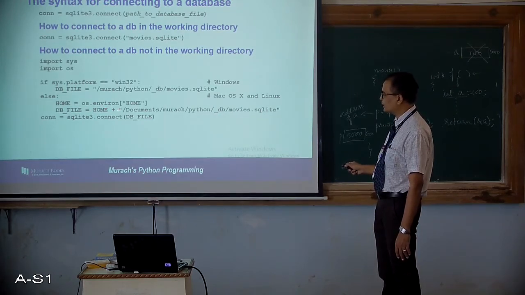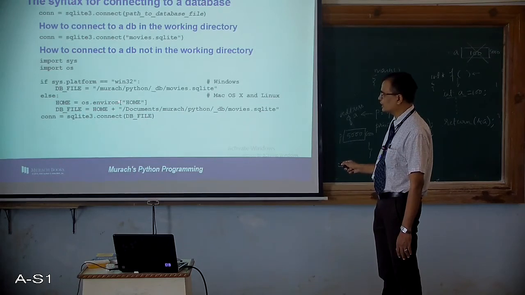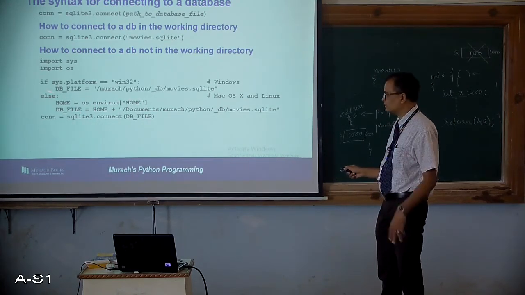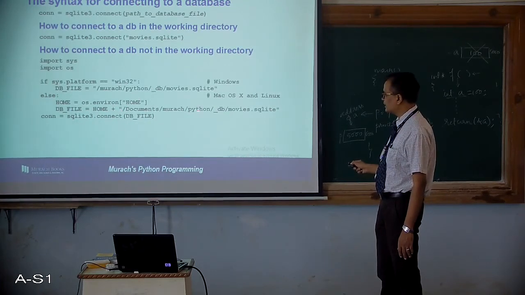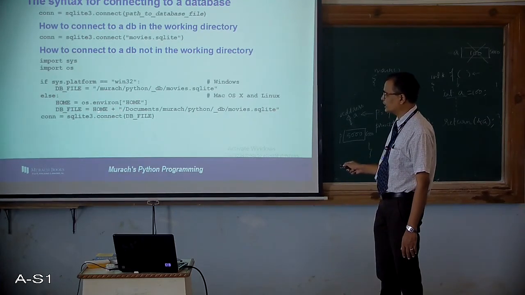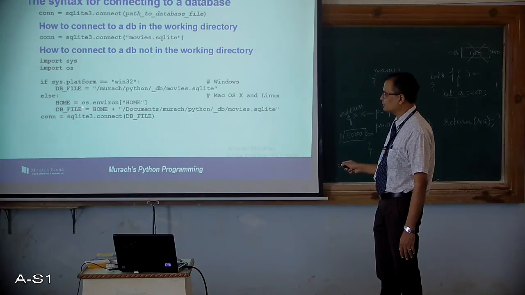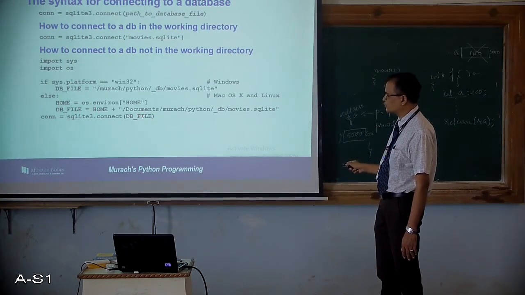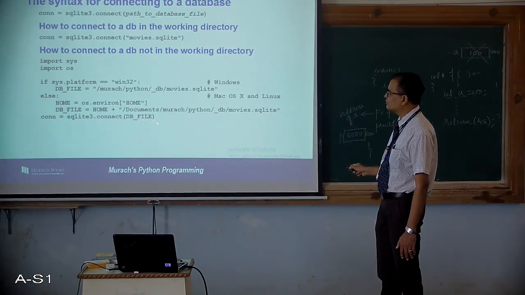You will have to append this particular path to the home directory path. Then what you get is the actual database file's complete path, and then that particular path you can use to connect. So conn is equal to sqlite3.connect(db_file).